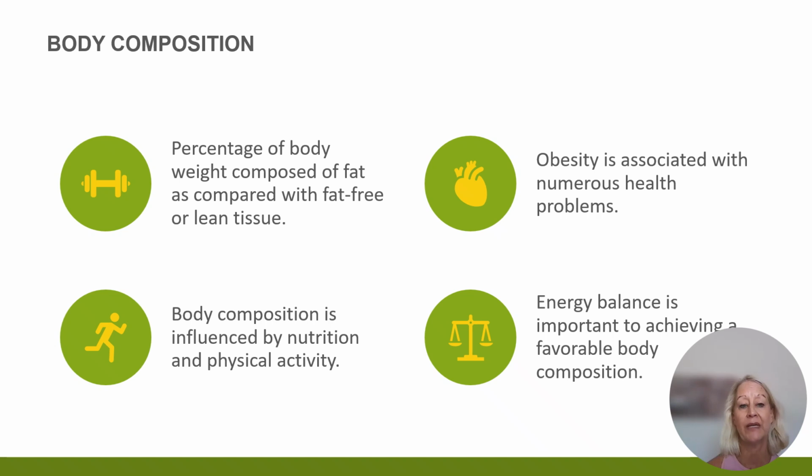What affects body composition? 2 major factors. First is nutrition. It's about what and how much you eat. And physical activity, especially a combination of cardio and strength training. Another key concept is energy balance. That's the relationship between the calories you take in and the calories you burn. To maintain your weight, energy in must equal energy out.